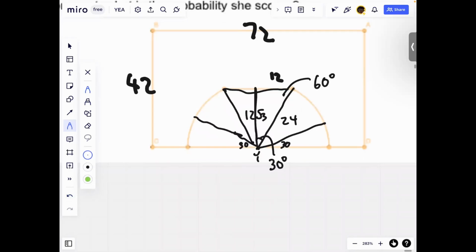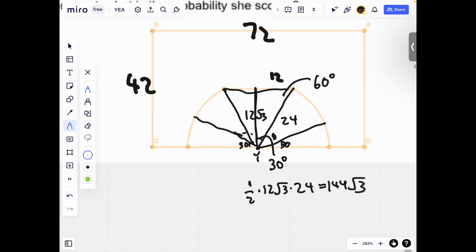So the area of the triangle is half times 12 square root 3 times 24. This is 144 square root 3. And then the area of these two sectors, so this is 30 degrees, this is 30 degrees, and since these are 30 degrees, then that means that each of these sectors are also 30 degrees.